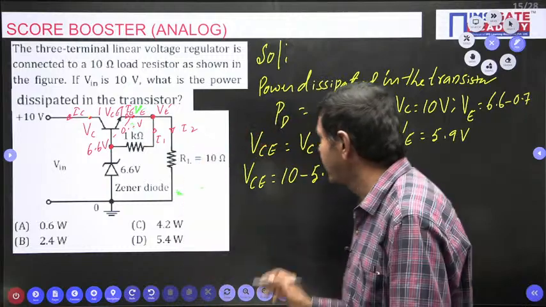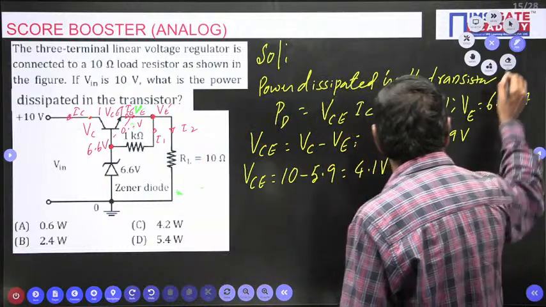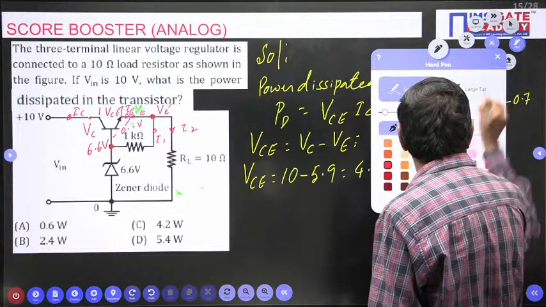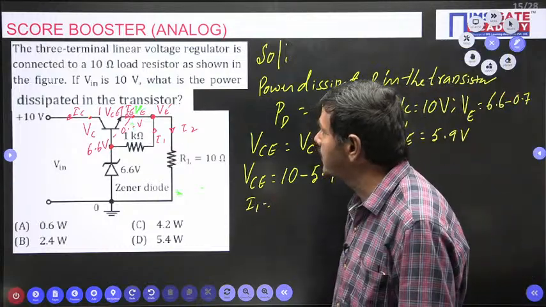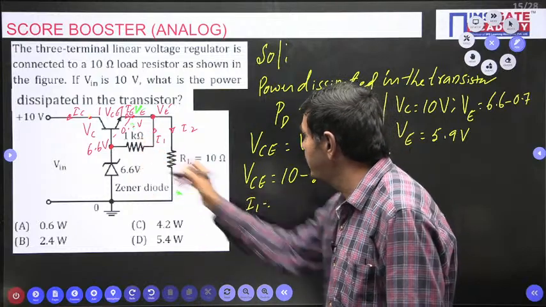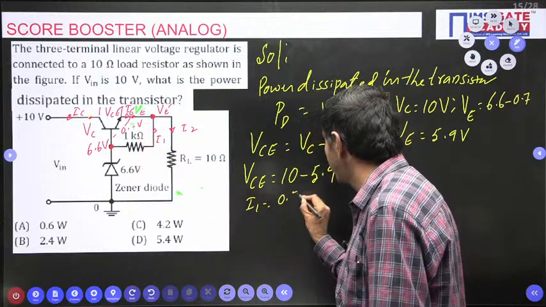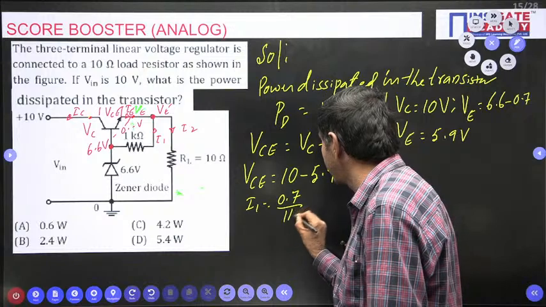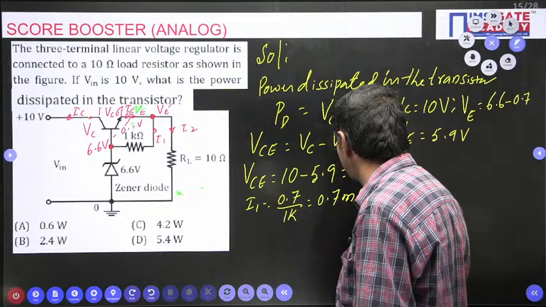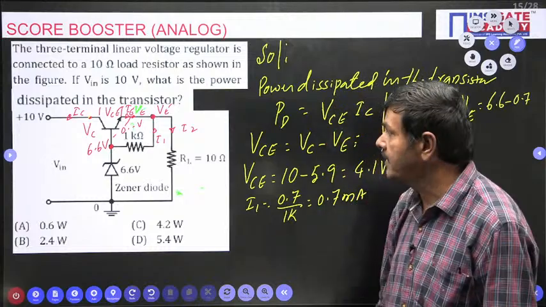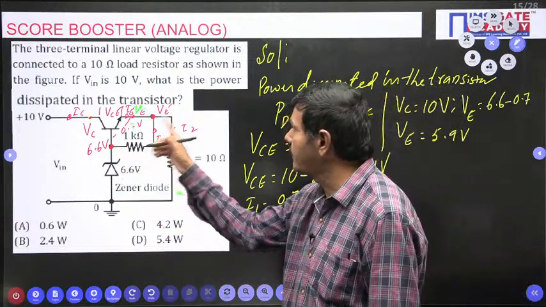It becomes 0.7 milliamperes of current flowing through I1.